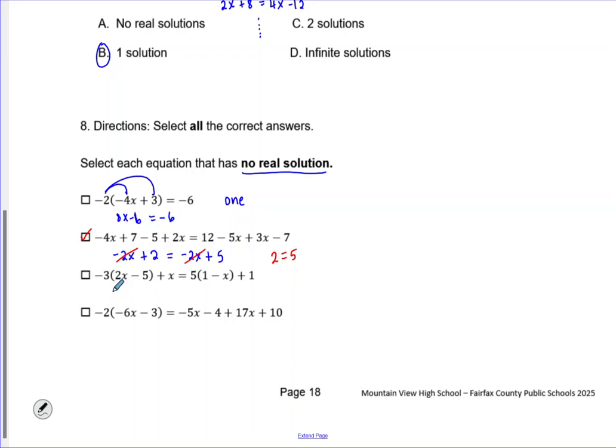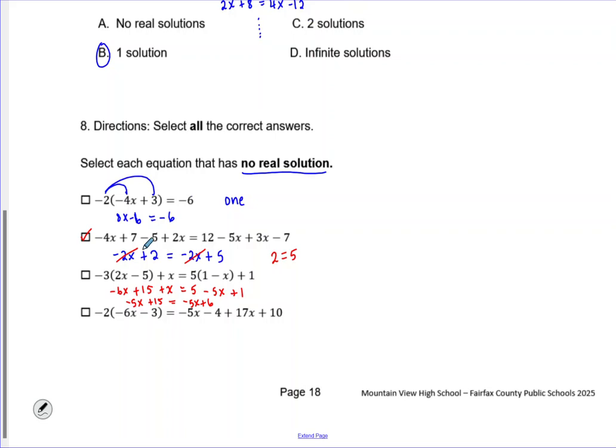So negative 6x minus 15 plus 15, negative negative is positive, plus x, and then you have 5x, so 5 minus 5x plus 1, and then here you have negative 6 plus 1, that's negative 5x, and then plus 15, and then here also you have negative 5x, and then 5 plus 1 is 6.